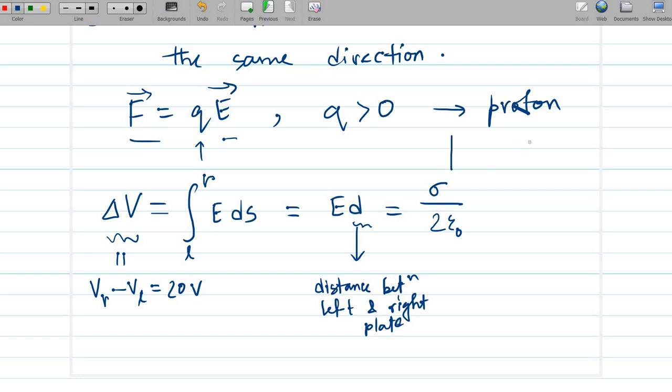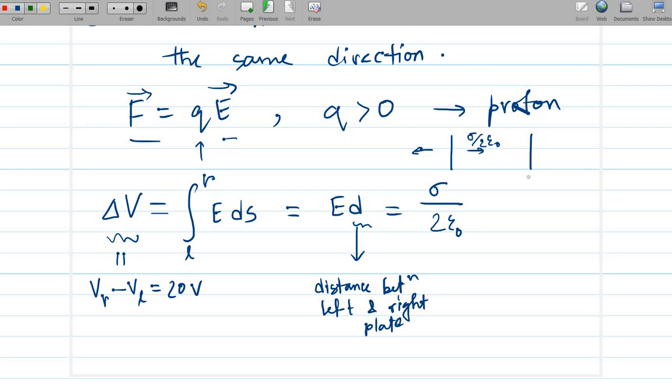So notice this is the plate, right? Because of it, the electric field is sigma divided by 2 epsilon naught in both directions. Alright. Because of the right plate, I should use a different color.